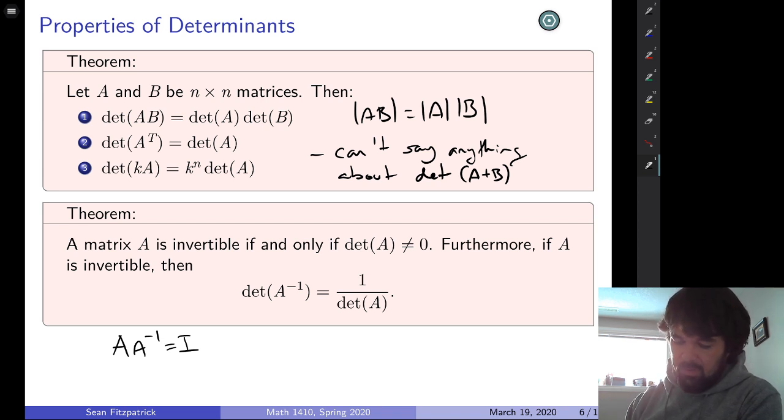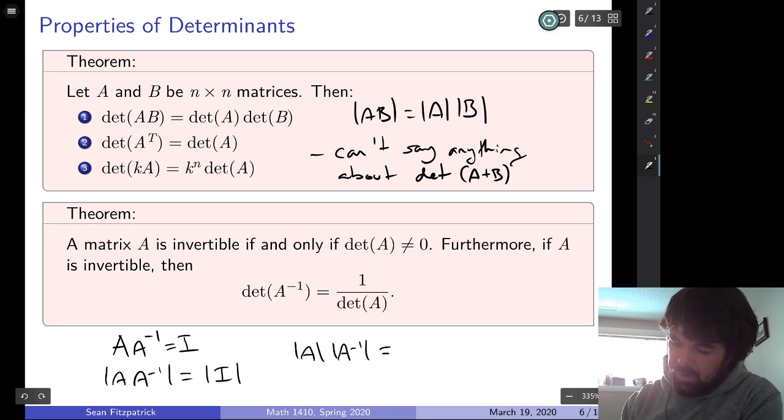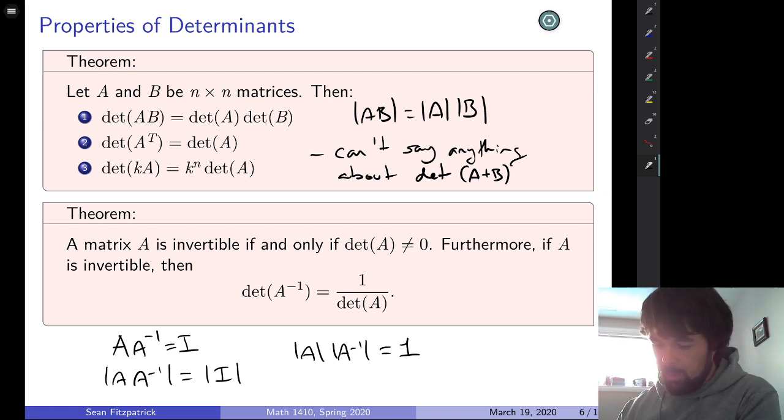So A times the inverse is equal to the identity. So you can take the determinant of both sides. The determinant of A times A inverse is equal to the determinant of the identity. Now we can use that product property: the determinant of A times the determinant of the inverse. Well, the determinant of the identity is just 1, right? Because we just multiply all the 1's on the diagonal, and 1 times 1 times 1 times 1 is still 1.